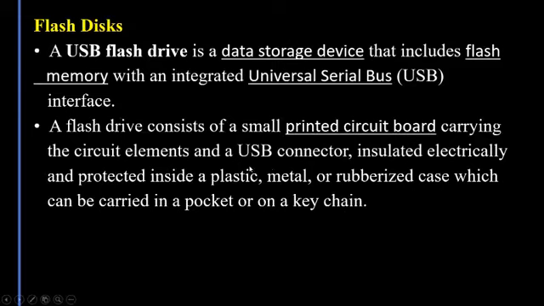It is easy to carry because you can hang it, and usually it is surrounded by some rubber or metal or plastic to protect it, but inside it is a circuit, simply surrounded by such protection. That's how the flash disk is.